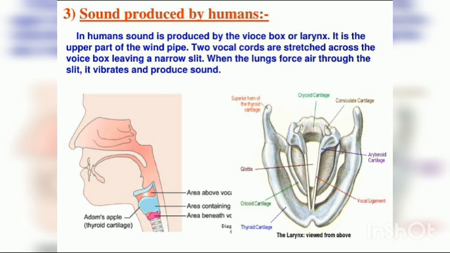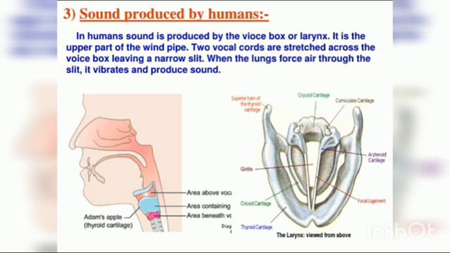In humans the sound is produced by the voice box, or it is called the larynx. Air passes through the nose, children, through the nasal cavities, and from there it passes through the windpipe.